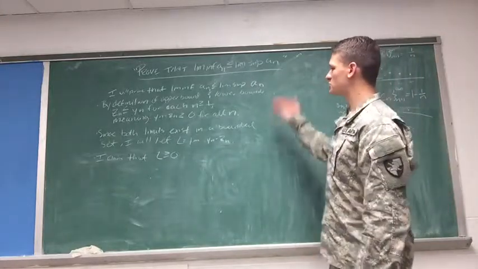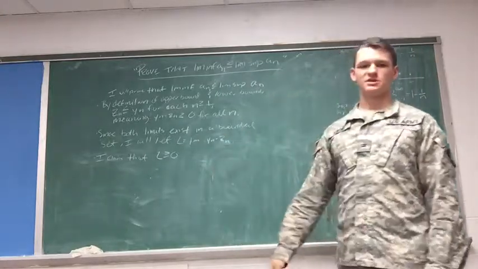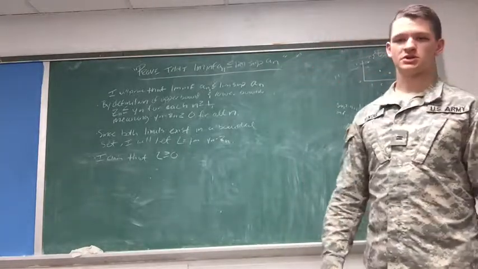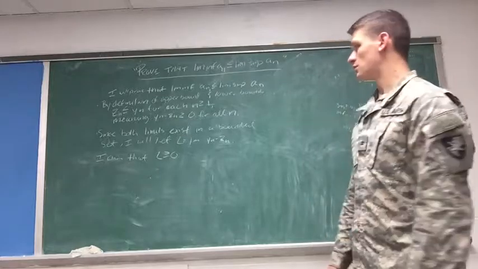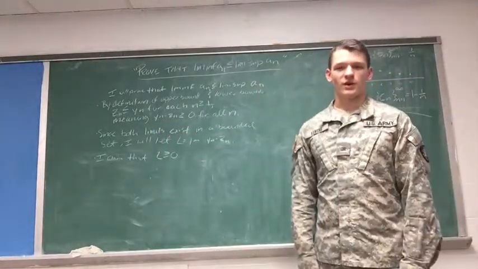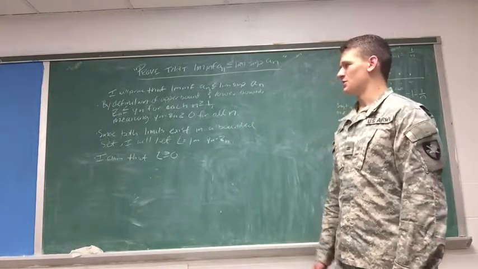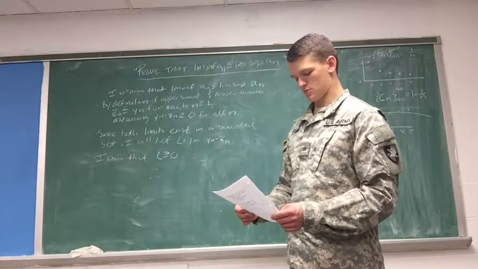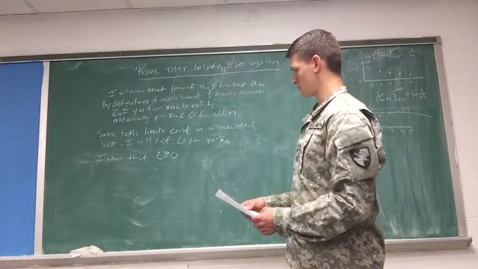By definition of upper bound and lower bound, c sub n is less than or equal to y sub n for each n greater than or equal to 1. This means that y sub n minus c sub n has got to be greater than or equal to 0 for all n.